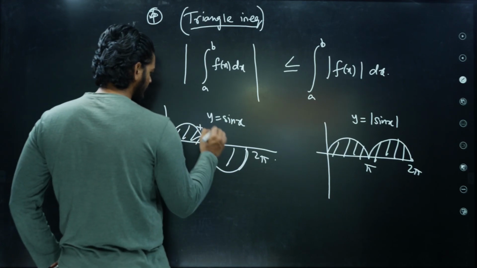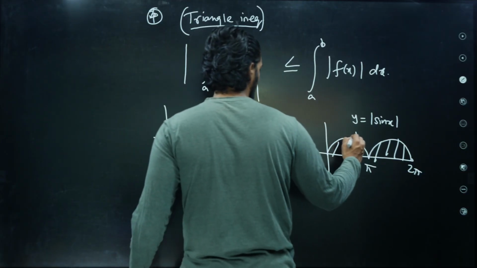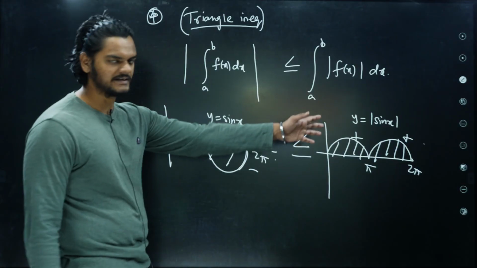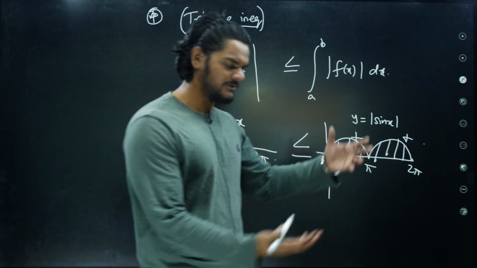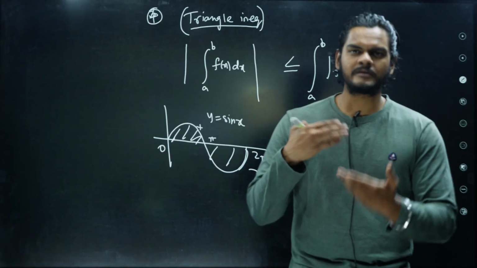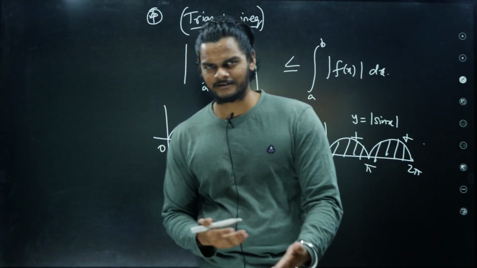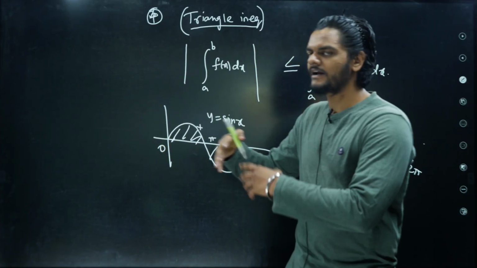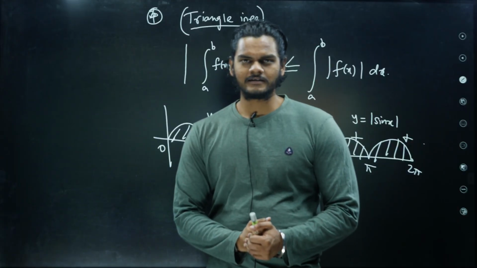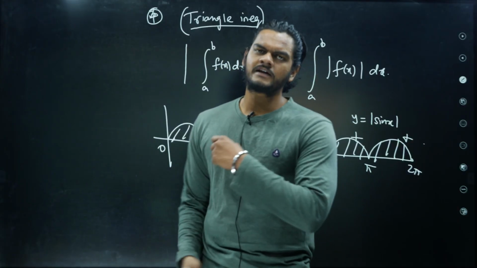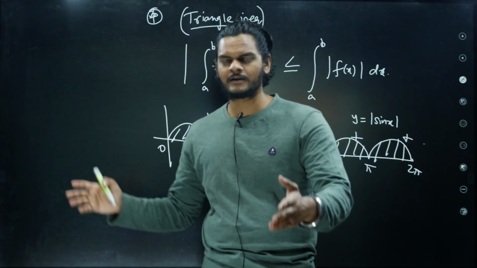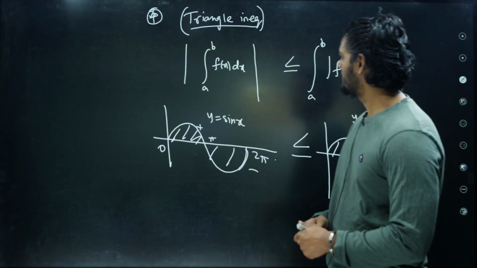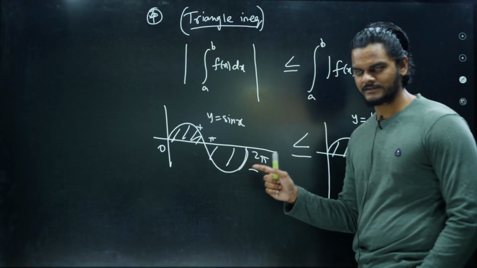So here it is positive, here it is negative, here both are positive. So the modulus one is going to be greater, right? If you take the area, that will be greater. The negative parts are becoming positive, so obviously it will be greater. Proving it would be tough. We cannot generalize and prove it, right? It depends on how many roots the function has in that interval and everything like that. So I hope you get the intuitiveness of this.